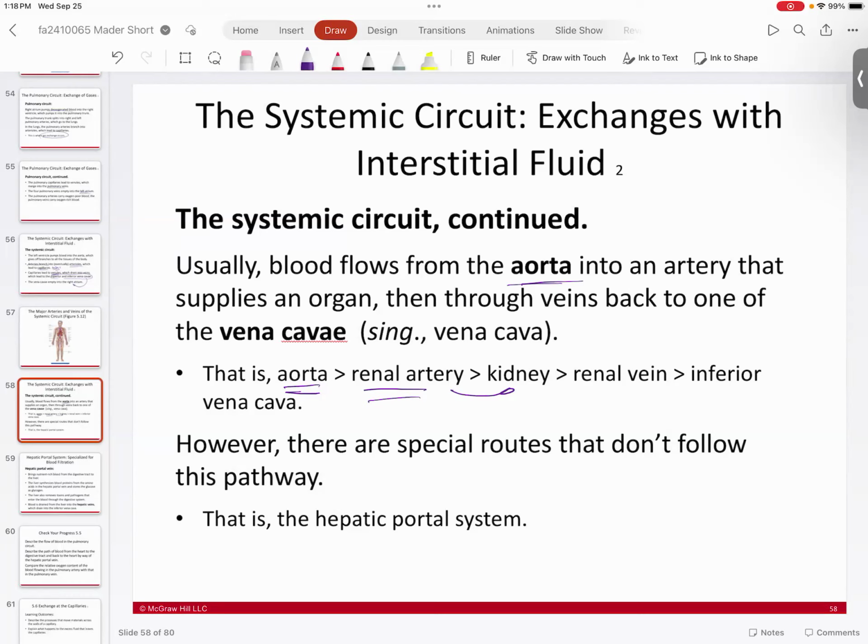And so the kidney cells will be fed with that arterial blood, and then it'll go through the capillaries, and then it'll be picked up by the renal vein, which basically comes out of roughly the same area of the kidney. But in this case, it's heading back toward the heart because it's basically done its drop off, and now it's going to connect the loop. And then it's going to be heading toward your inferior vena cava, which will go back up to the right side of your heart. Okay.